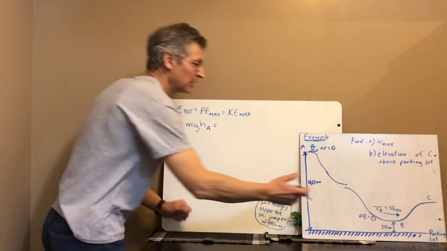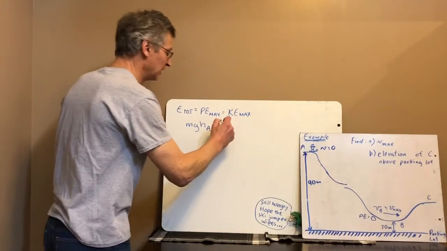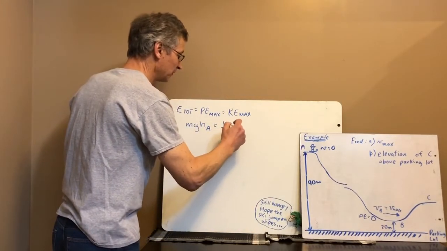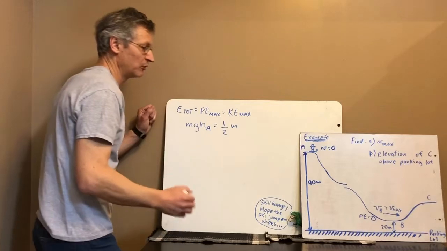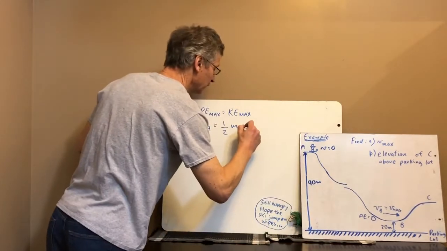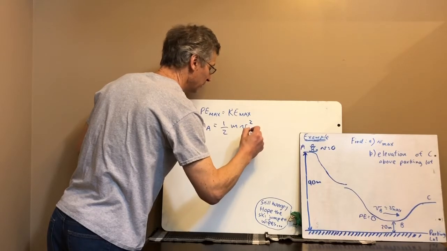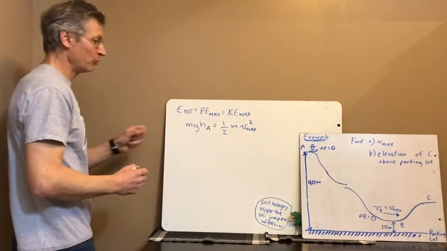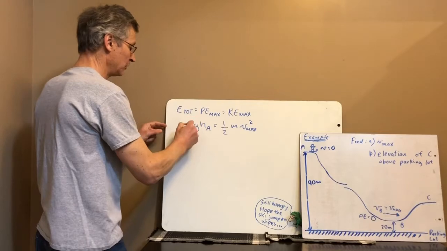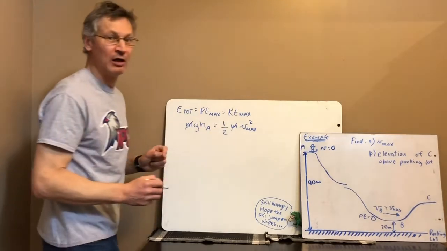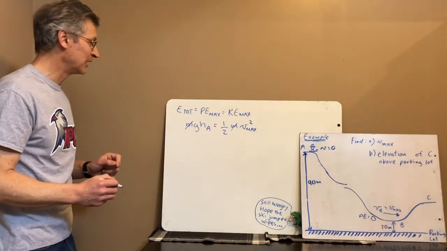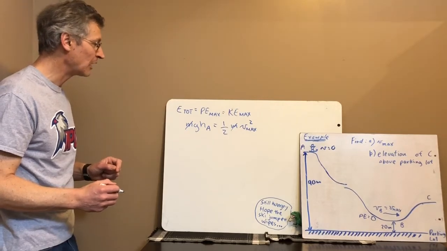What's the maximum kinetic energy going to be? Well, it's going to be half the mass times their velocity, which is Vb, which is the same as their maximum velocity, and that's squared. Oh, nice. M here, so yeah, I don't have to worry about the mass of this thing. The masses cancel out.